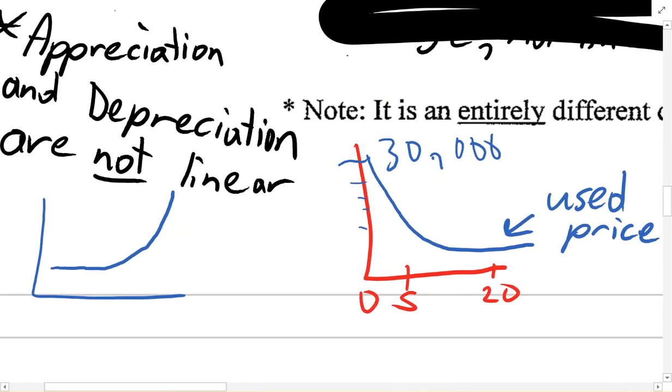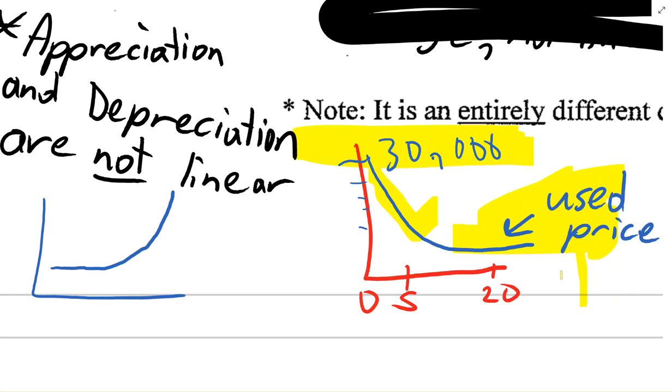brand new car, about $30,000. That's a little dated. Now it's probably like $40,000. And all of a sudden, boom, it just drops in price right away. And then eventually, it kind of bottoms out. This is like the used price of a car. It'll still go down a little bit, but on average, when you're looking to buy a used older car, about $1,000, right? That's kind of the value of a car.